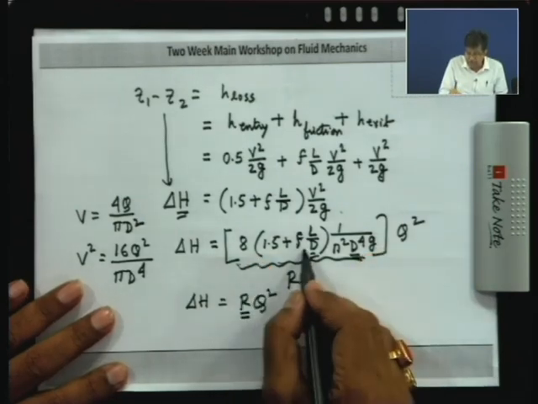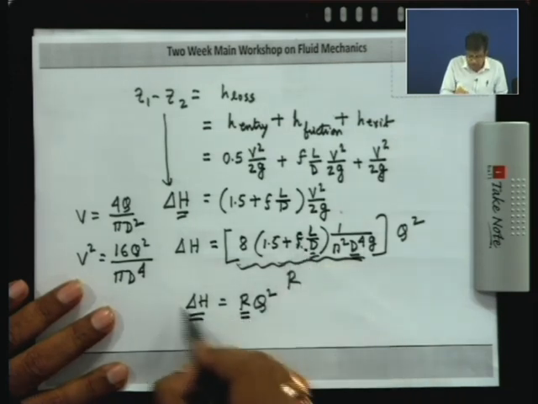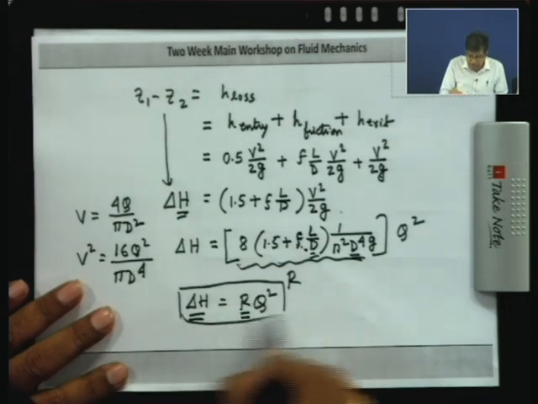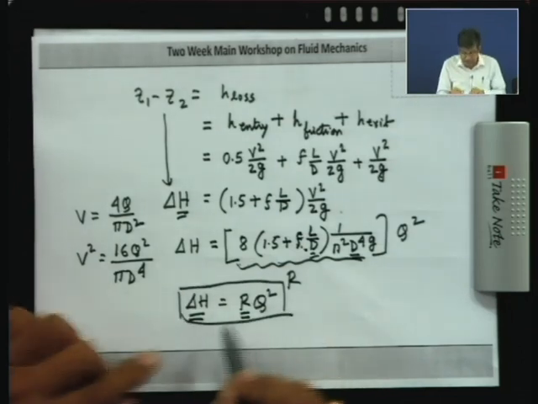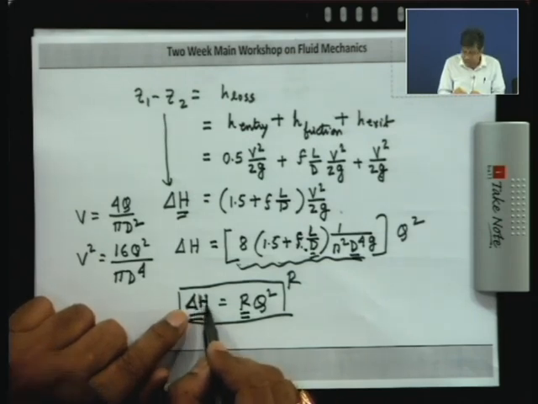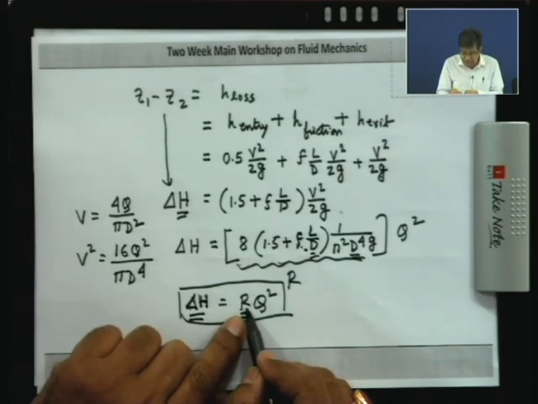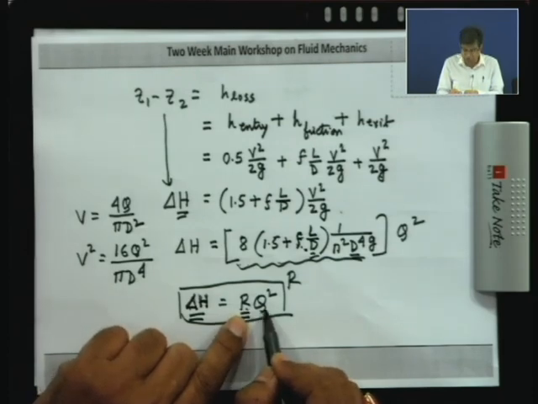If f varies with flow rate or Reynolds number, then the resistance will vary with it. This is known as the flow equation. Like all phenomenological equations, the head causing the flow, that is energy per unit weight, the difference between two points in the flow circuit, equals the resistance times the square of the flow rate.